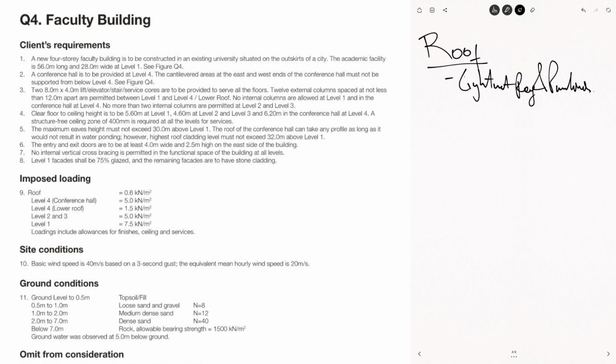For this one, I'm just going to take 1 kilonewton per square meter. Again, this is also a recommendation that is normally shown in the structural engineering pocketbook, and it might not be that exact value, but it's very close to it.